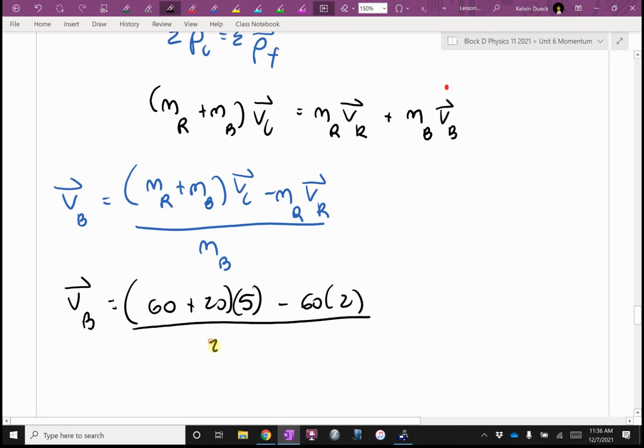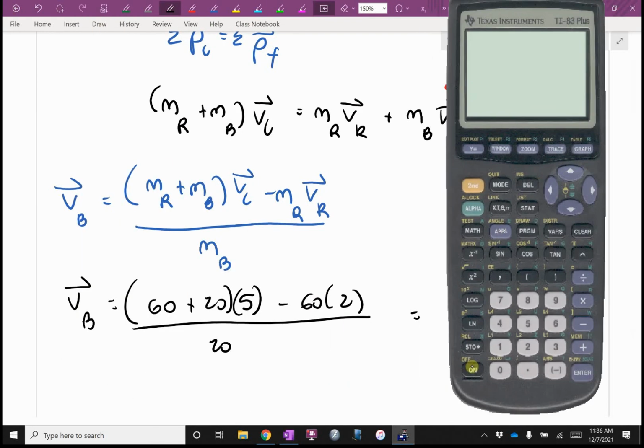All over 20. So this is going to have brackets inside of brackets, brackets around the top, and then bracket 60 plus 20, close bracket, times 5, minus 60 times 2, close off the top, divided by 20.